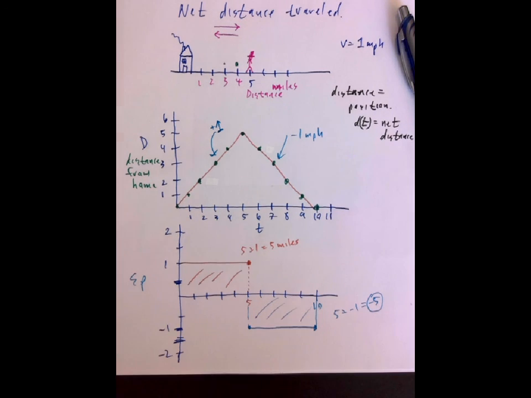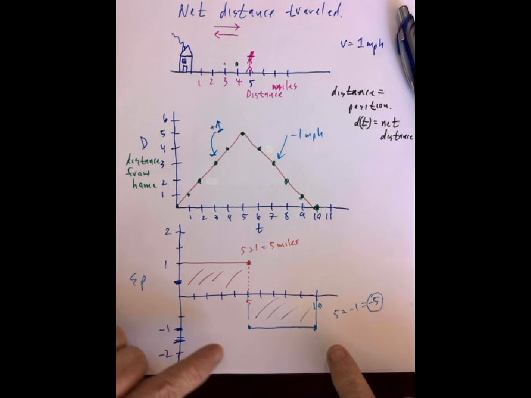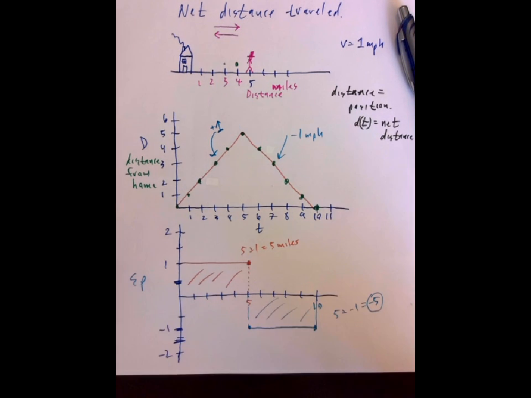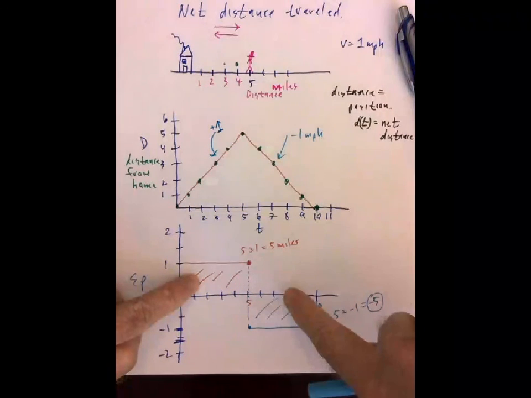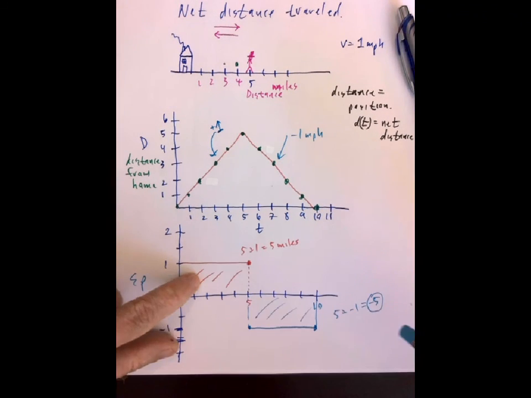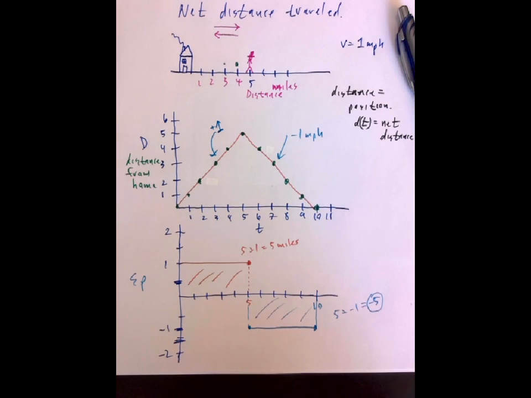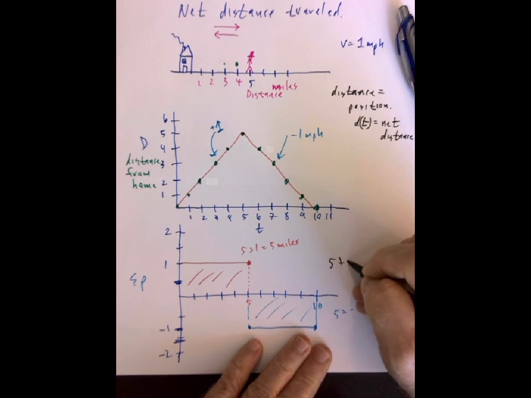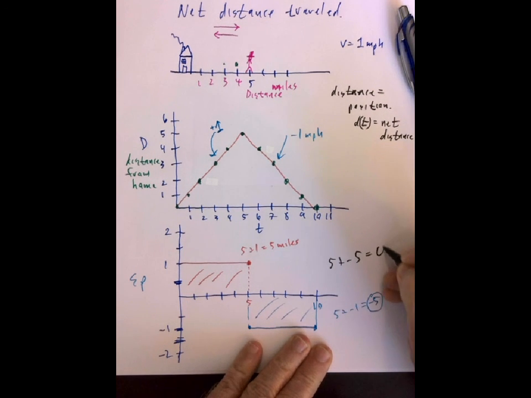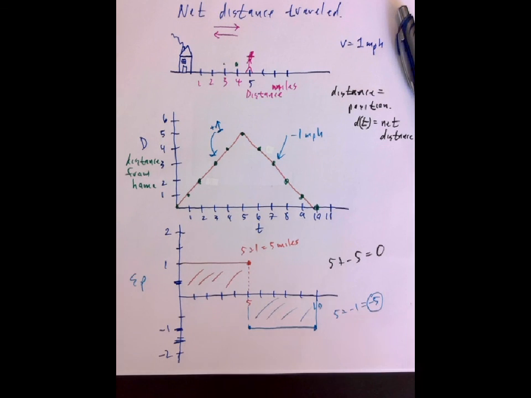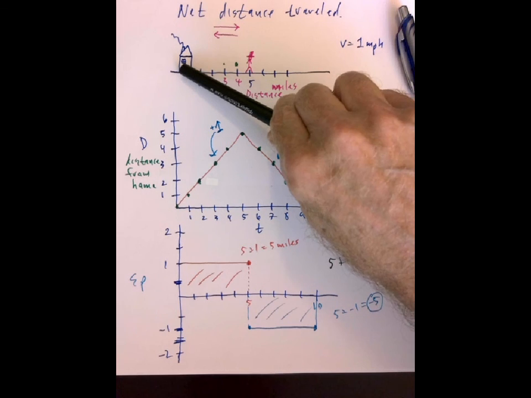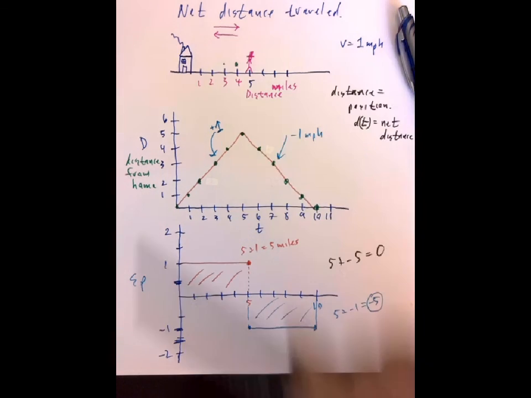Okay? So you can see here that if the area under the curve is the total distance, this +5 and this -5 add together to give us a net distance of 0, which is what we observed here.